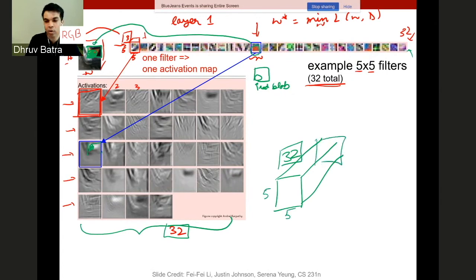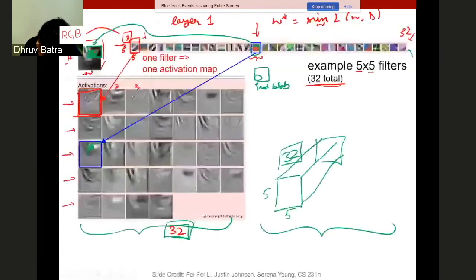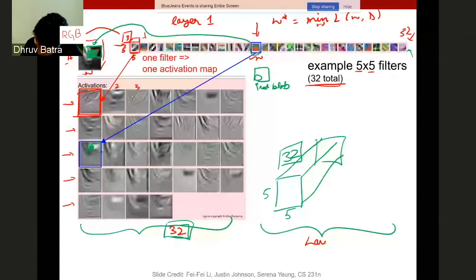Now we cannot imshow a 5 by 5 by 32 dimensional filter. We just don't know how to visualize that, and we don't know what these 32 dimensions correspond to in this layer. So this is a visualization of layer 2 weights, right?